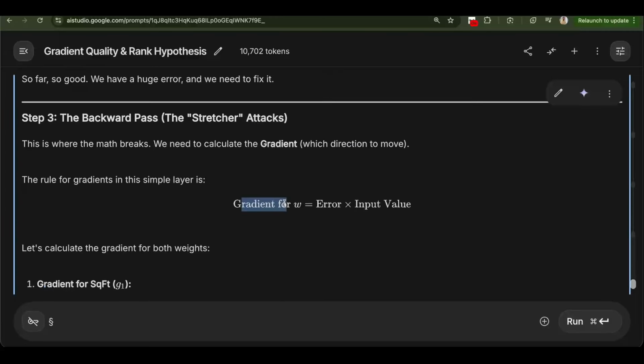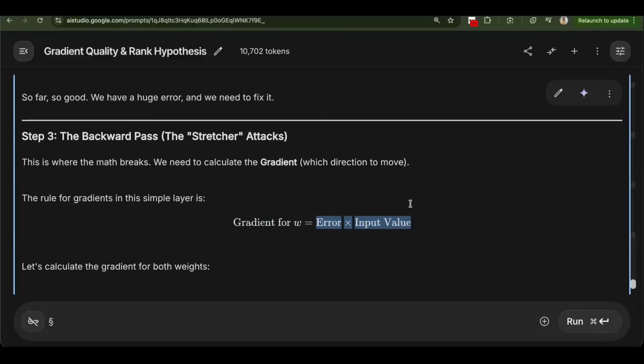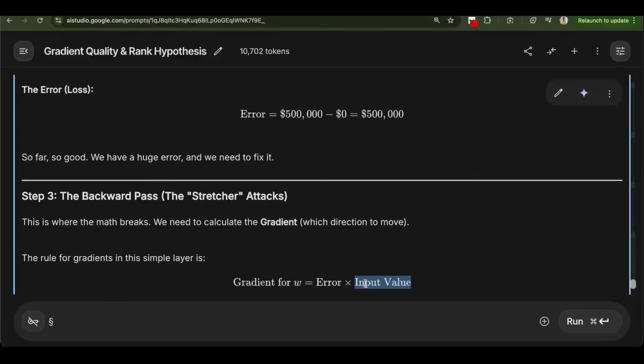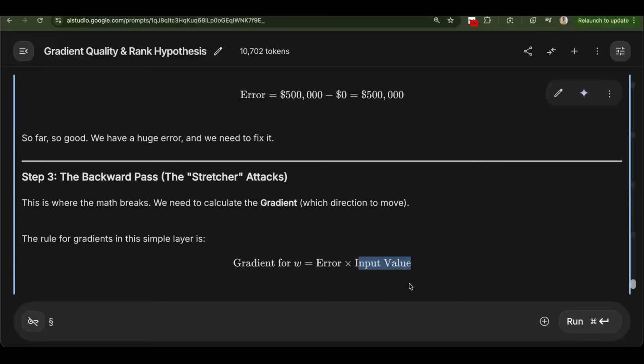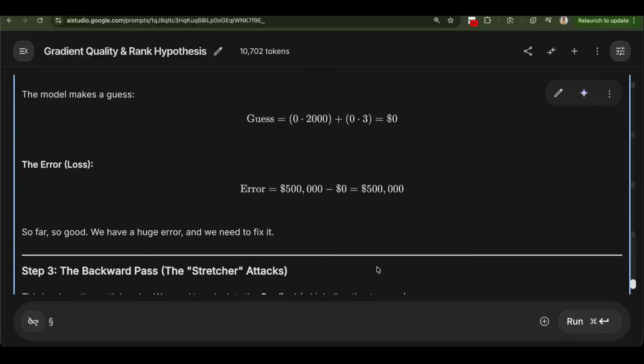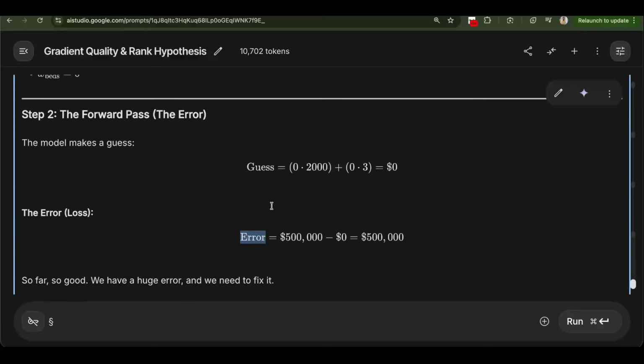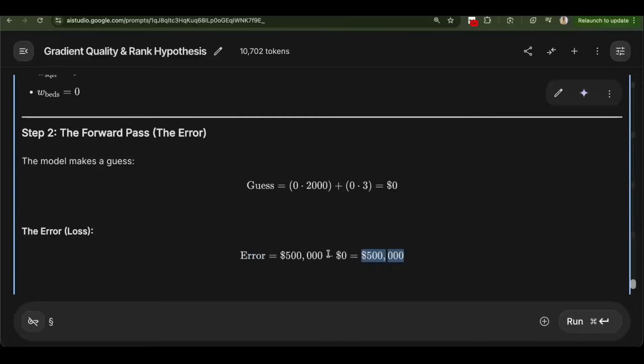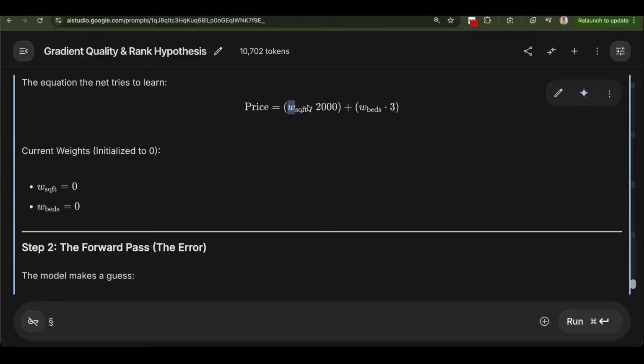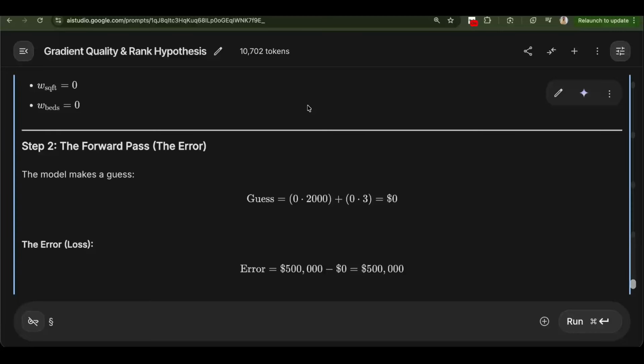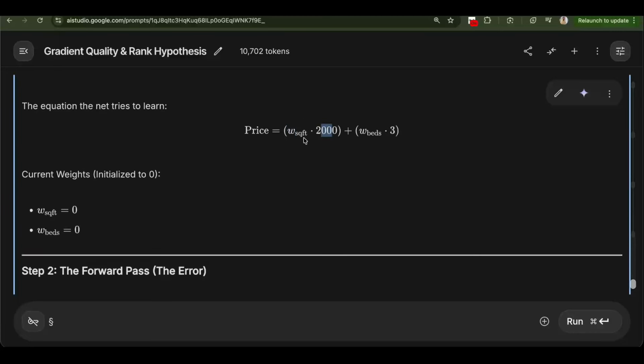So gradient will be error times input value, but the input value is for either square feet or number of bedrooms. So check this out. What is the gradient of error or loss with respect to the weights? Here it's just going to be 2000 times this. So this is just going to be 2000 with respect to this weight, because this is 0, it's constant when we are looking for gradient with respect to this weight.